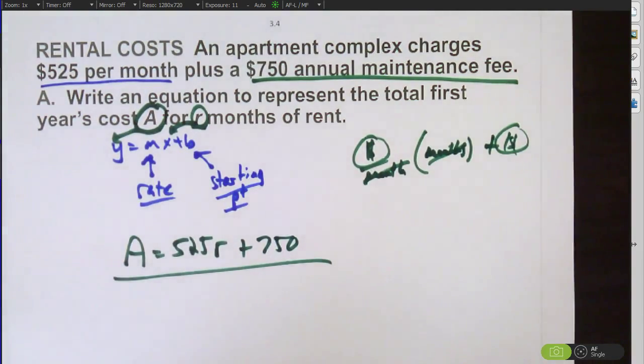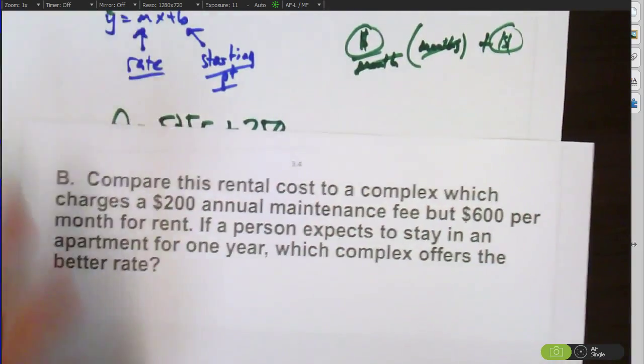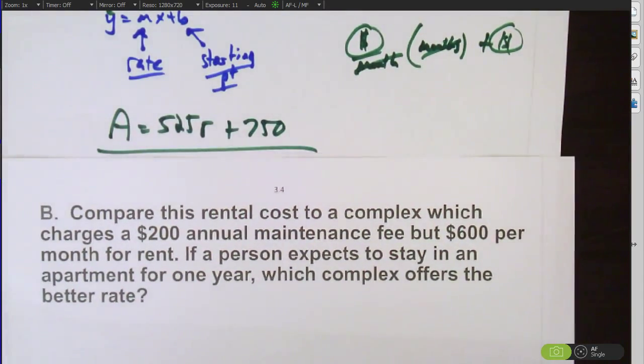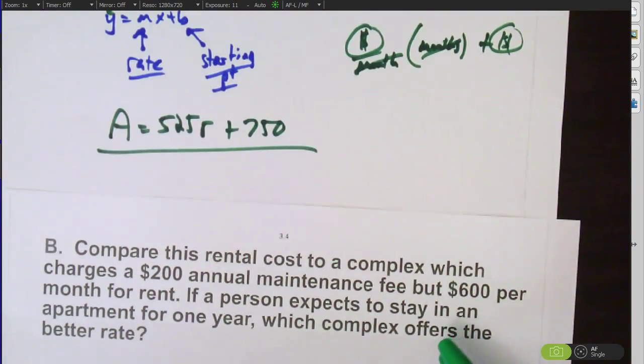Now part B says, okay, you've got that equation, now what I need you to do is use that equation. Compare this rental cost to a complex which has a $200 membership but $600 a month for rent. If a person stays at this complex for 1 year, which one offers the better rent?